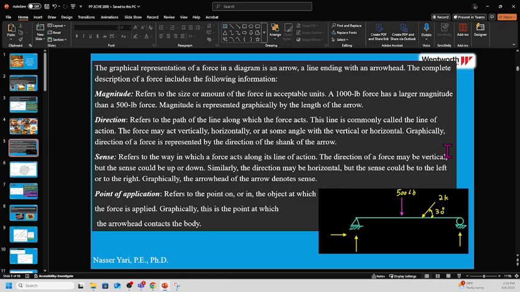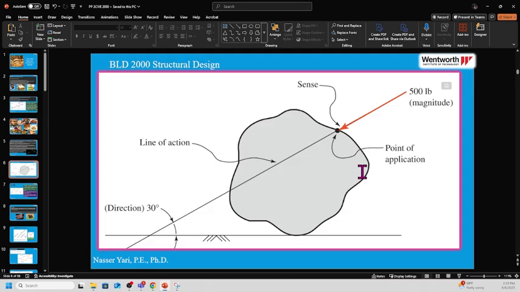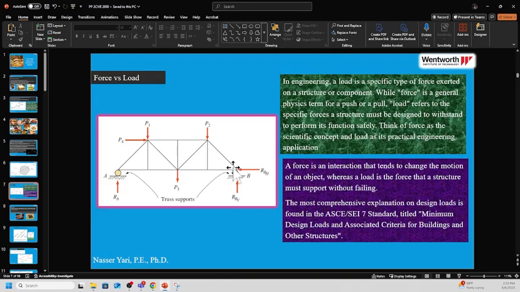Is it vertical, horizontal, or at what angle? Then there's something called sense, which refers to the way in which a force acts along its line of action, and we'll get to those. And then we have the point of application, the point at which this force is applied. There's an example for it from here.